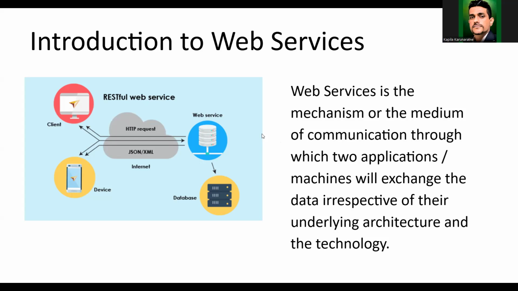Web services are one of the most commonly used APIs in current applications, especially in web applications in the real world. Any mobile application will use APIs to communicate with the backend. Even the majority of web applications use web services to connect to the back end.